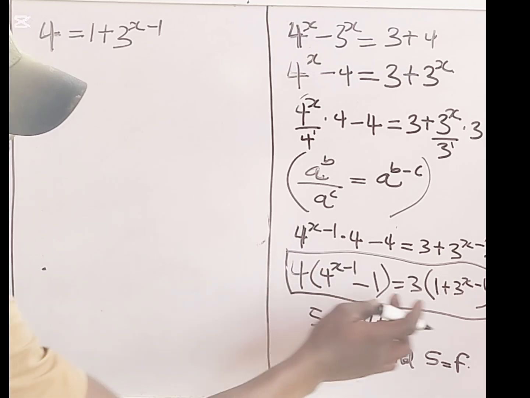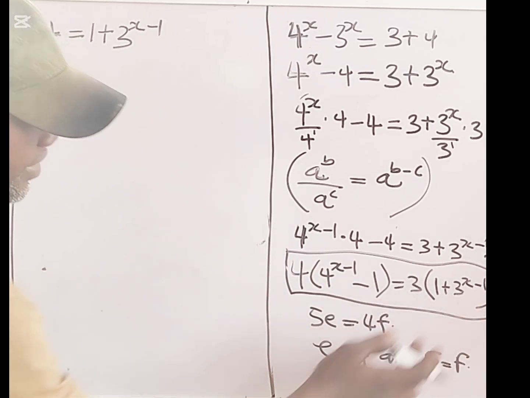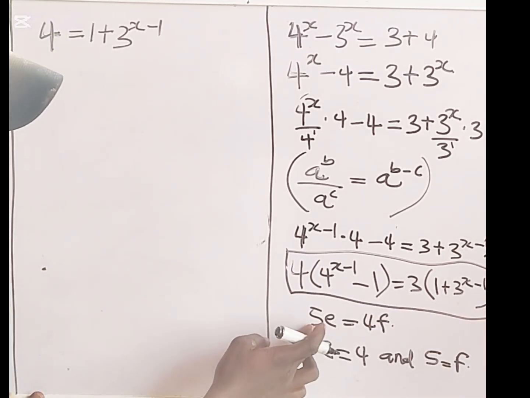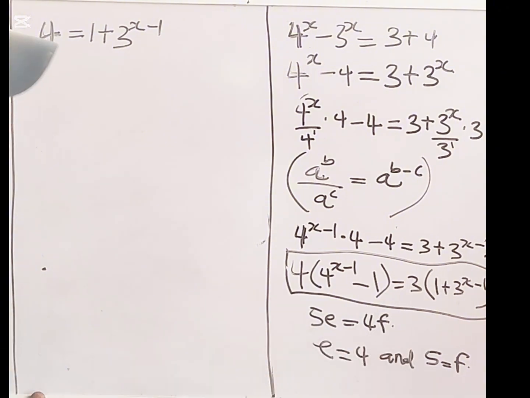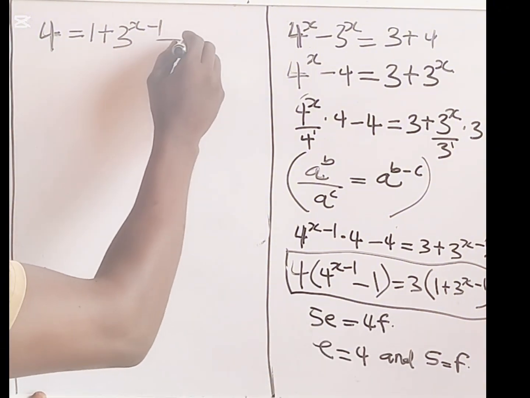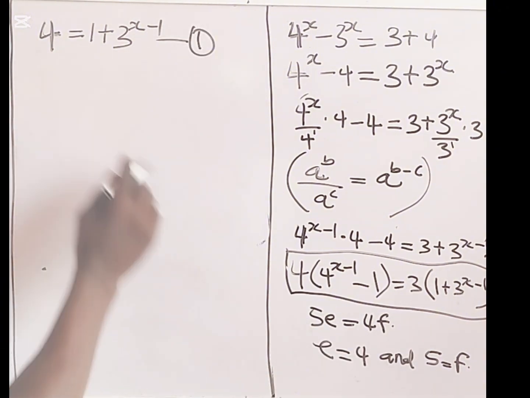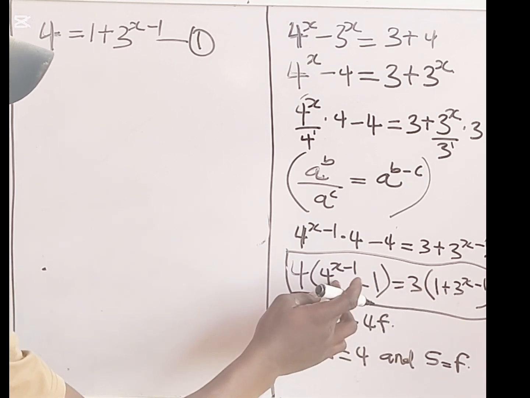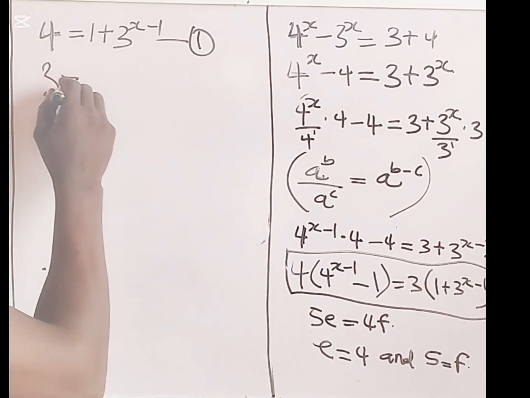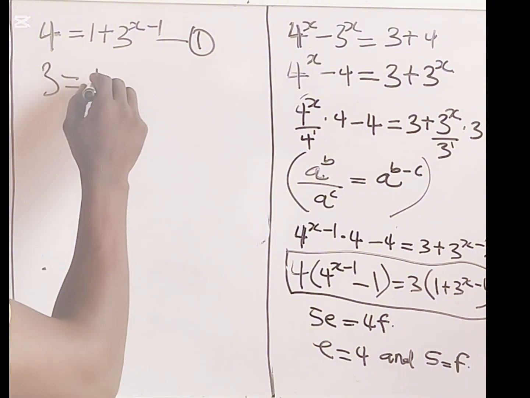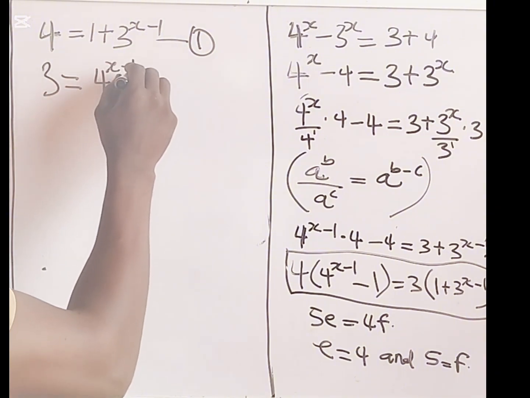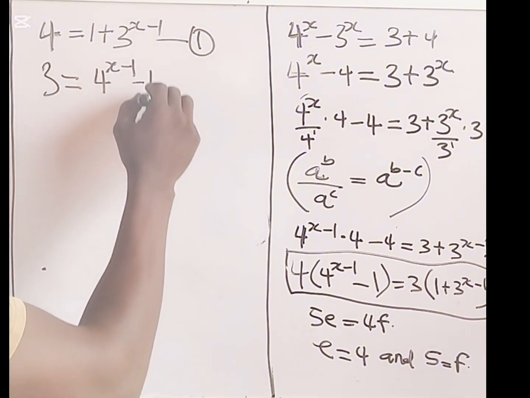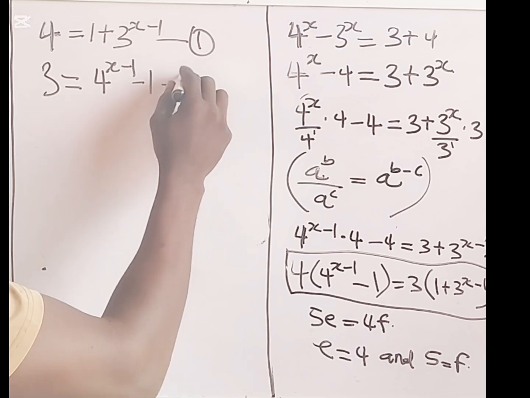That is, this 4 here will be equal to what we have here, just like 5 was equal to f. I'll label this as equation 1. Then 3 must be equal to what we have here. So 3 is equal to 4 raised to the power of x minus 1 minus 1. I label this as equation 2.